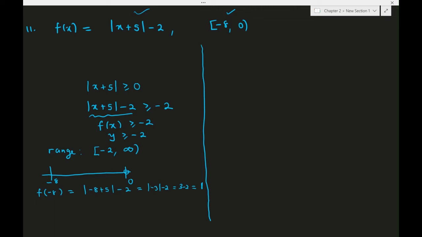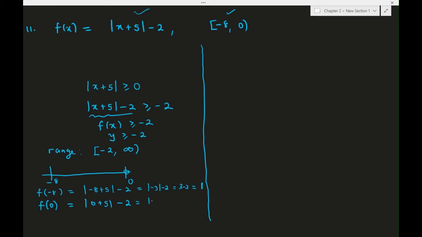Now, what next? Let's look for the value at 0. F of 0 is the absolute value of 0 plus 5, minus 2.